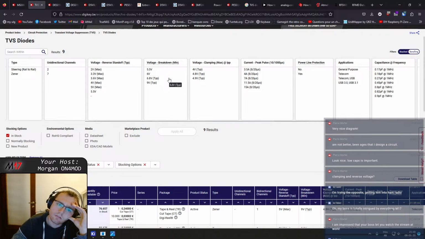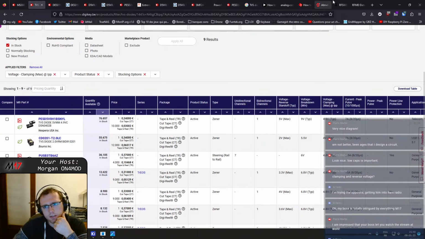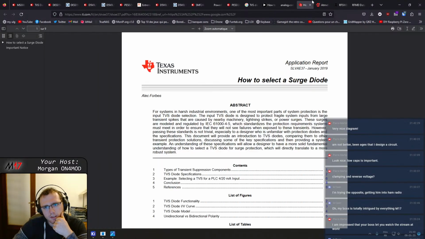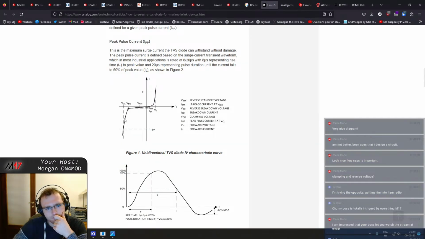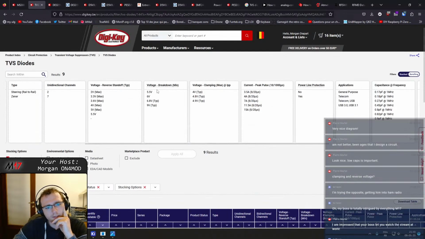Hey, what? Why? There is something I don't get. Clamping voltage is supposed to be higher than the breakdown voltage, but this is the opposite.